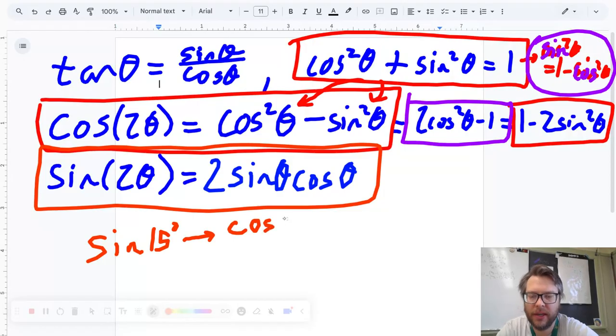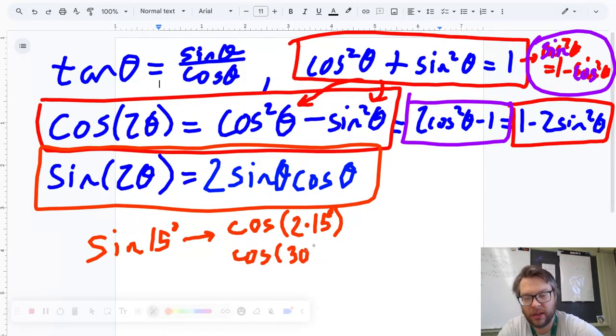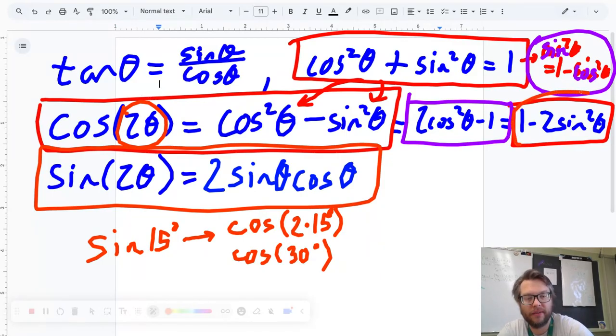I'm going to do cosine. I could use the cosine of 2 times 15. And the reason I'm doing 2 times 15 is because I know what the cosine of 30 is. So the cosine of 30 degrees is the same as the cosine of 2 times 15. But if we use cosine of 2 times 15, I can rewrite that in terms of sine.